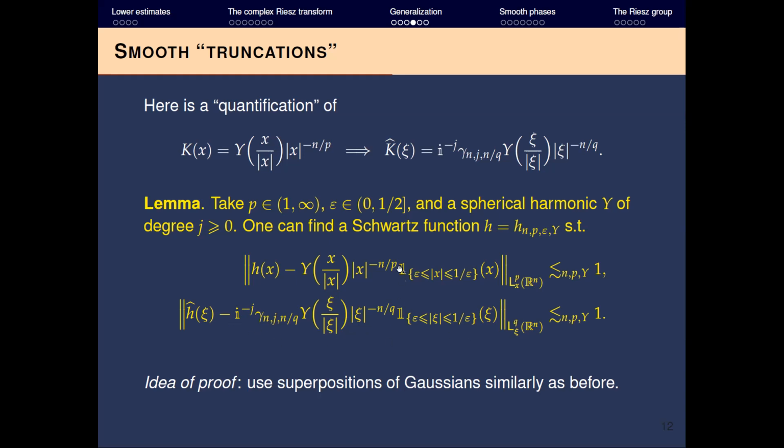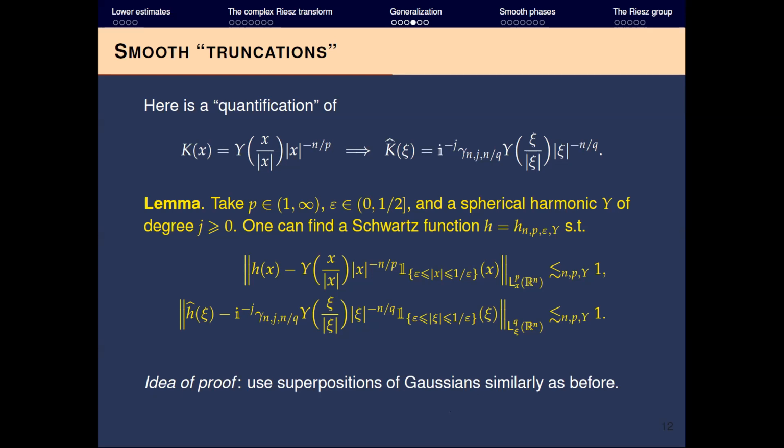This is certainly not the case, but it is the case up to errors of smaller order, right? And how to do this? Well, I don't claim this is the only possible way to do that, but it's very convenient to do it by expressing those guys as superpositions of Gaussians.